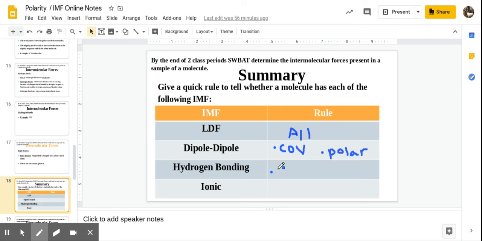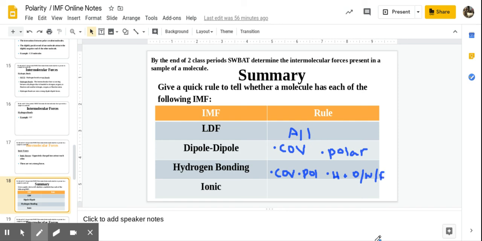Excuse me. It needs to be covalent. It needs to be polar. And you need to have a hydrogen and either oxygen, nitrogen, or fluorine. Okay?